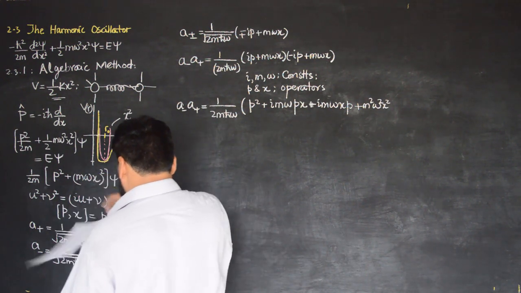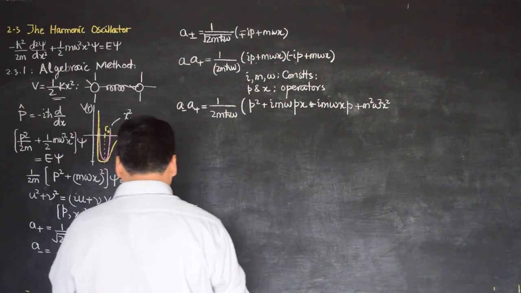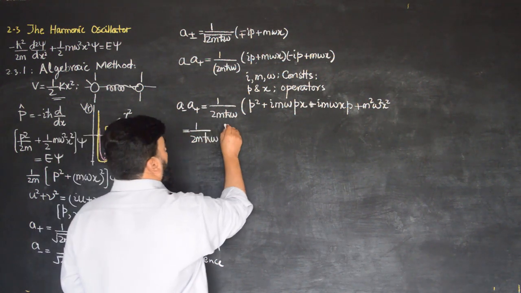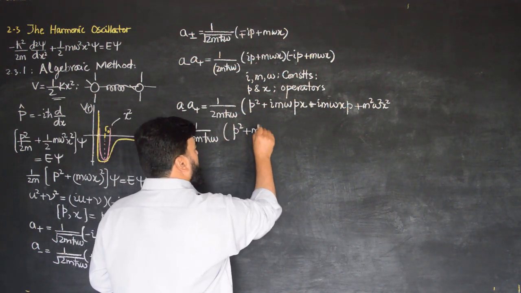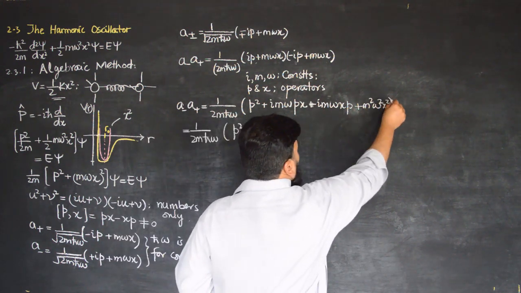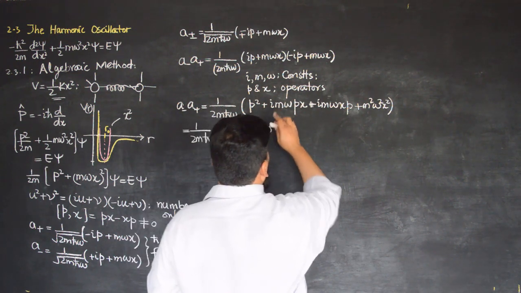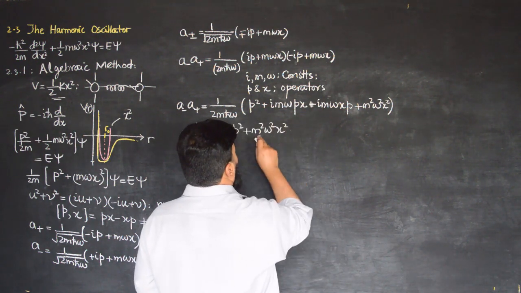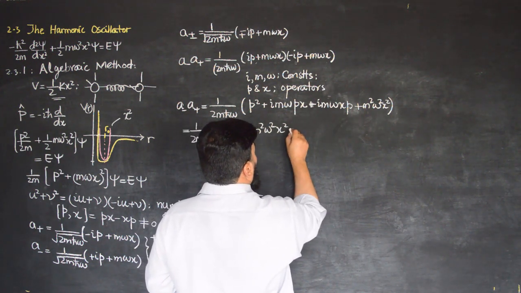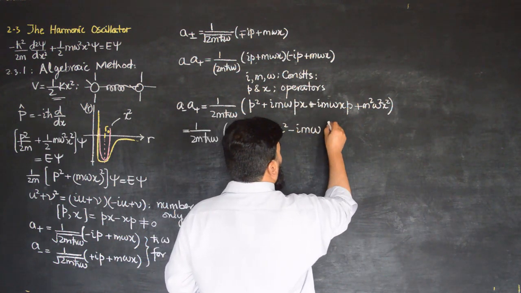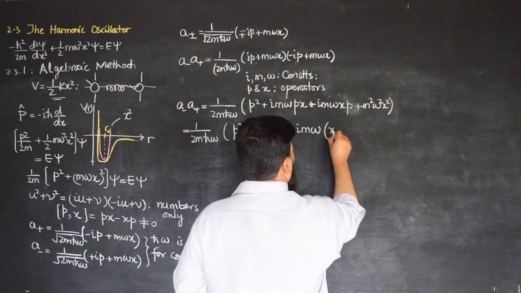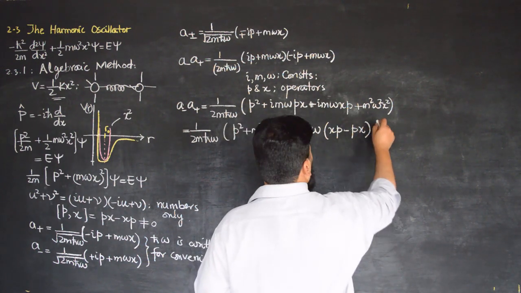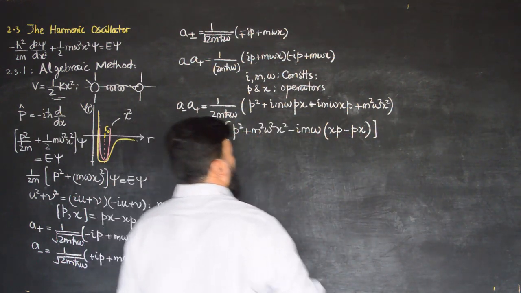So we have this, and then just writing it out: 1 over 2m h bar omega times p squared plus m squared omega squared x squared, plus we will have to take common p and x from here, so minus i m omega is common, and it will be xp minus px, and this will be the final form.